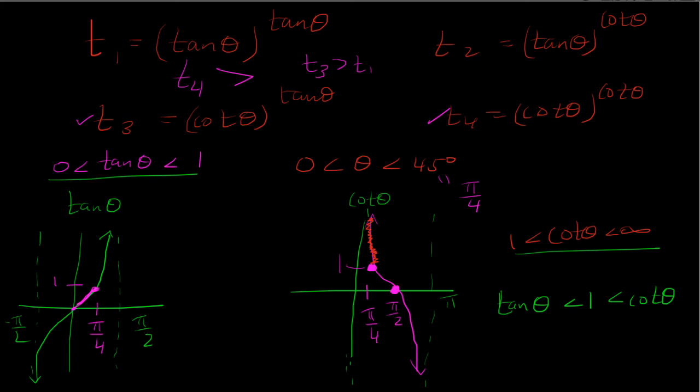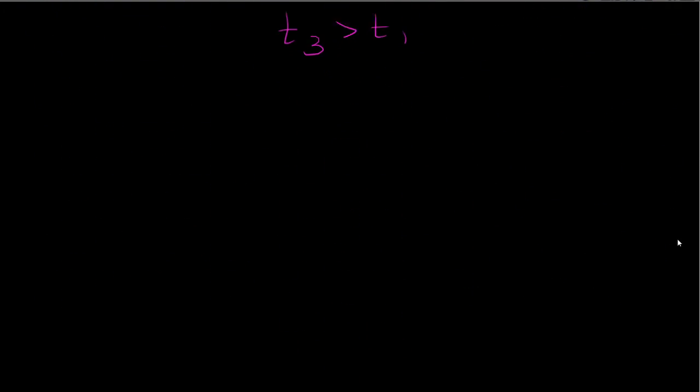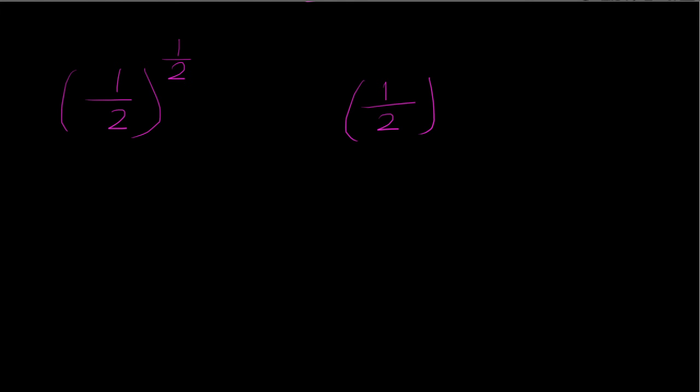So they both have tangent as the base, but one has tangent as the exponent, the other one has cotangent as the exponent. So to convince you on this, let's say if I have, so tangent is less than 1. So let's say if I have 1/2 raised to the 1/2 power versus 1/2 raised to the 1/4 power.